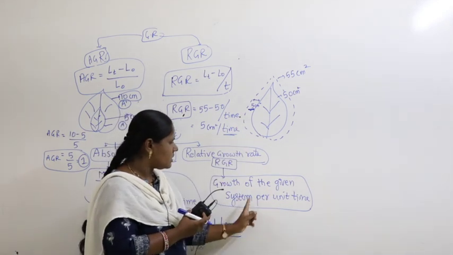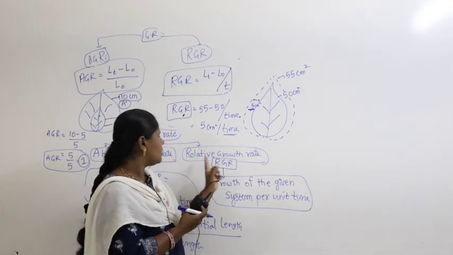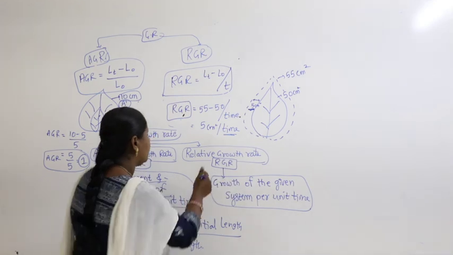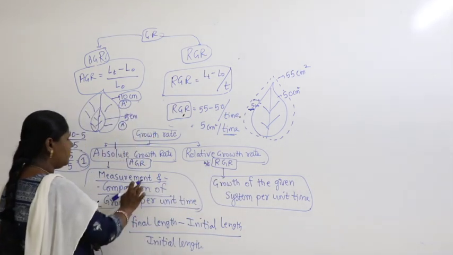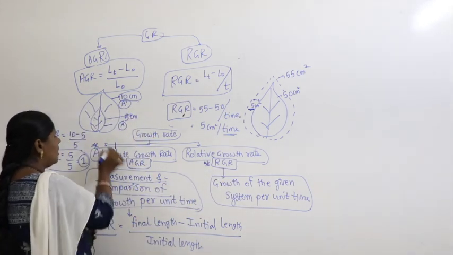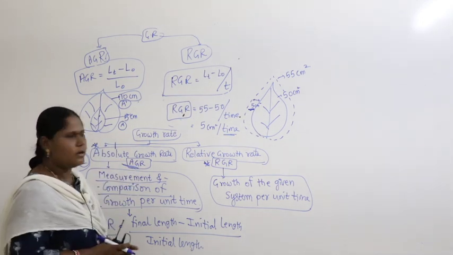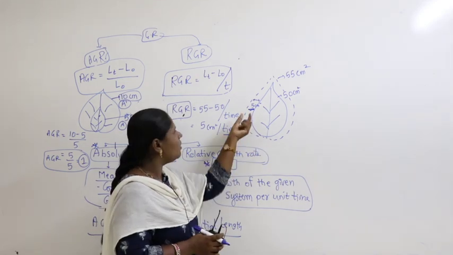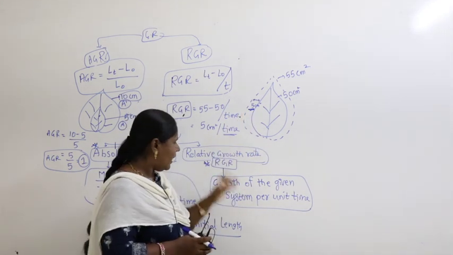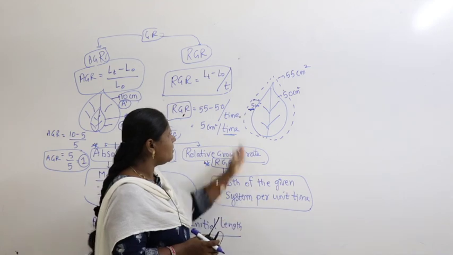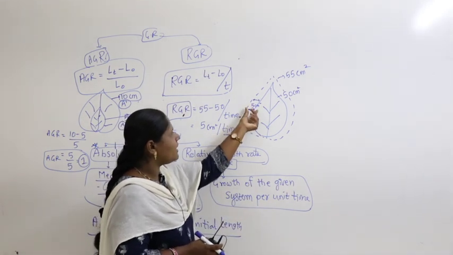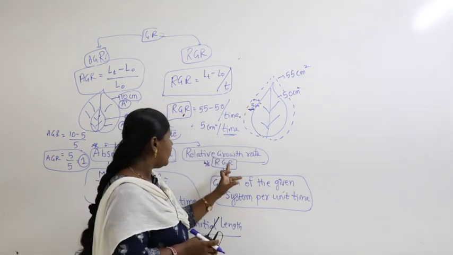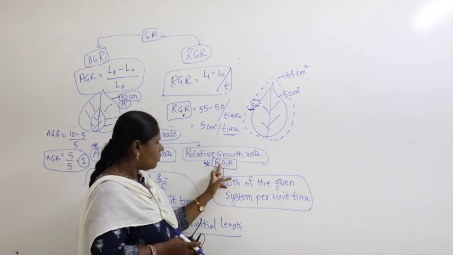Growth of the given system per unit time is called relative growth rate, and comparison and measurement of the growth is called absolute growth rate. How much did it increase? 5 centimeter square. In this particular system, growth has taken place up to 5 centimeter square. That is called relative growth rate.